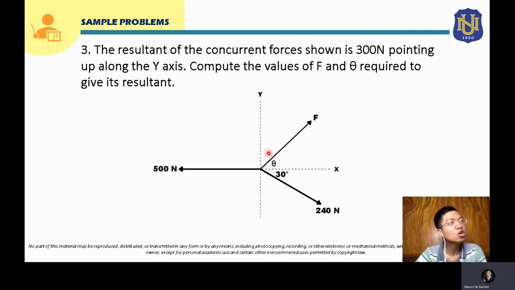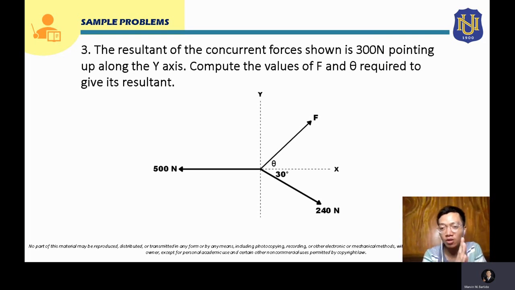Okay, so we're going to analyze this problem, and we're going to use the component method. Now, it is mentioned here that the resultant of the concurrent forces shown is 300 Newton, and it is pointing up along the y-axis. What does it mean? If it's along the y-axis, it means that your resultant is a vertical force.